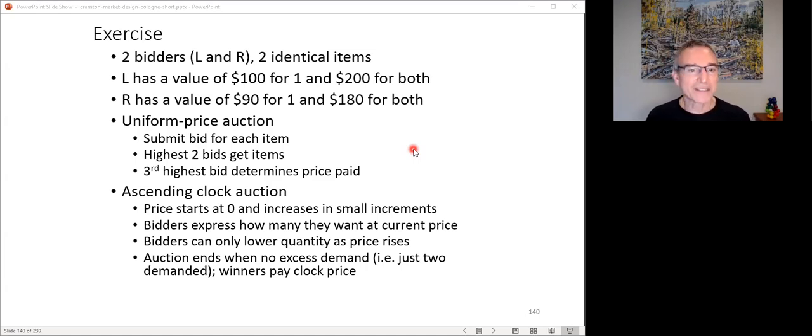However, this is one of these nice knife edge cases where in the uniform price auction, if you think the other party is bidding a flat demand, then you might as well bid a flat demand too. So it's actually an equilibrium. Bidding 100, 100, 90, 90 is also an equilibrium in this case, but not in the ascending auction. That's not an equilibrium.